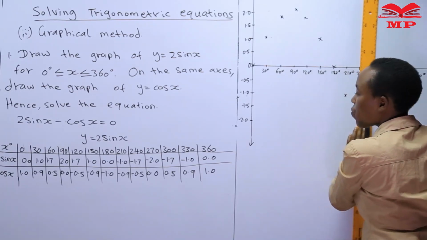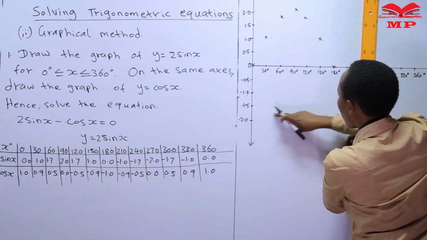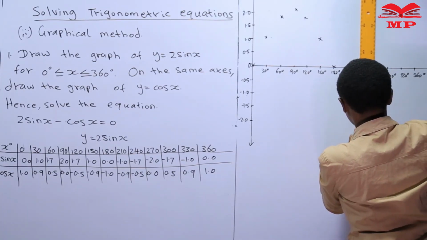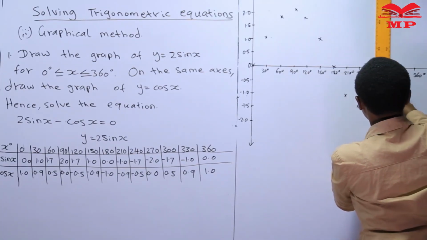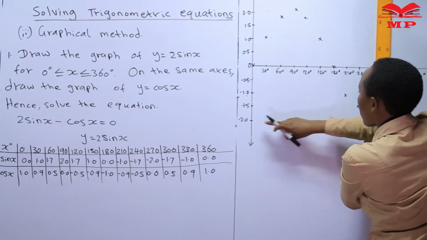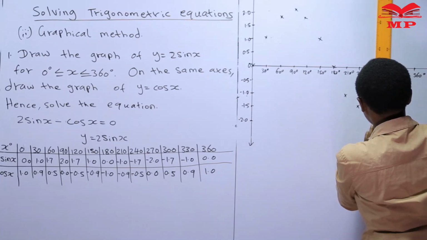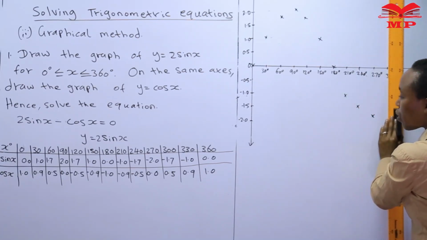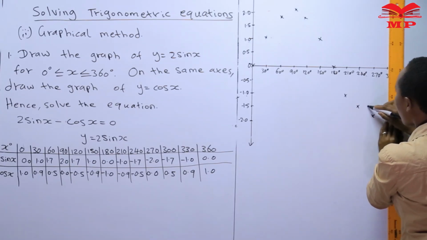Then 240, we have -1.7, which is somewhere here. Then 270, we have -2, which is here.